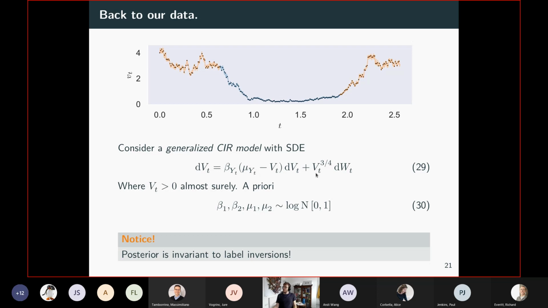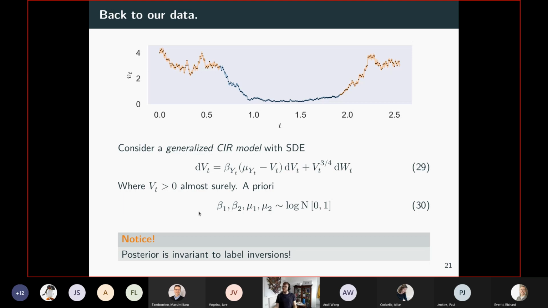And so for values of the exponent in the instantaneous volatility between 1/2 and 1, so that's on the interior of the interval 1/2, 1, you stay away from 0 almost surely. So that makes it an appropriate model for interest rates, traditionally, since interest rates tend to stay above 0.